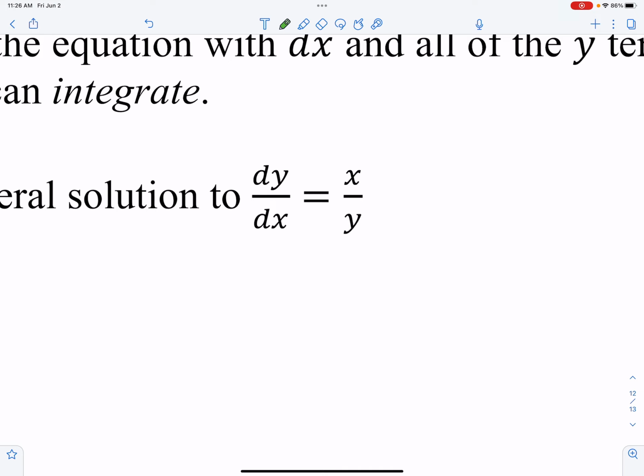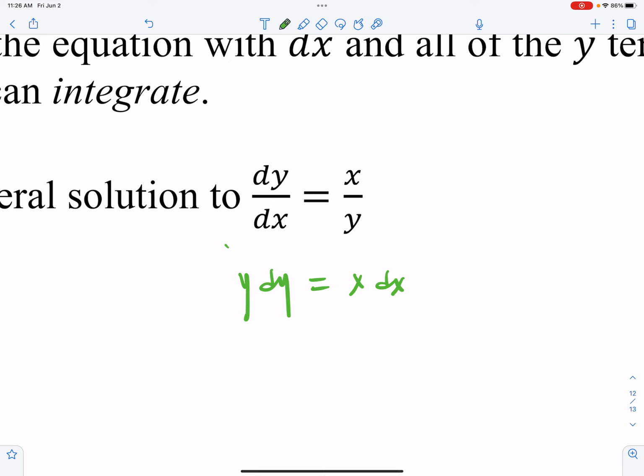You can't do that. What we can do though is rewrite this as y dy equals x dx. So thinking about multiplying y on each side of the equation and then multiplying dx on each side of the equation. So now we have separated the variables.